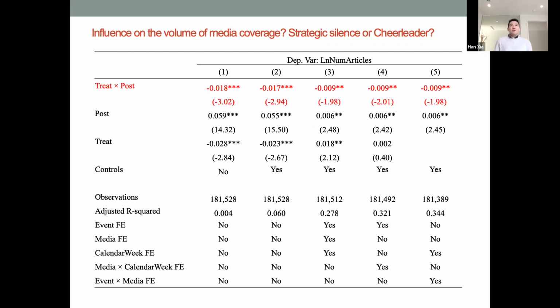So if we combine this extensive margin result with the intensive margin based on the tone that we showed before, we see that this incentive first makes the cross-held media issue fewer articles, and then conditional on the fewer articles, their tone is more positive, which means that information released by these cross-held media is kind of biased.